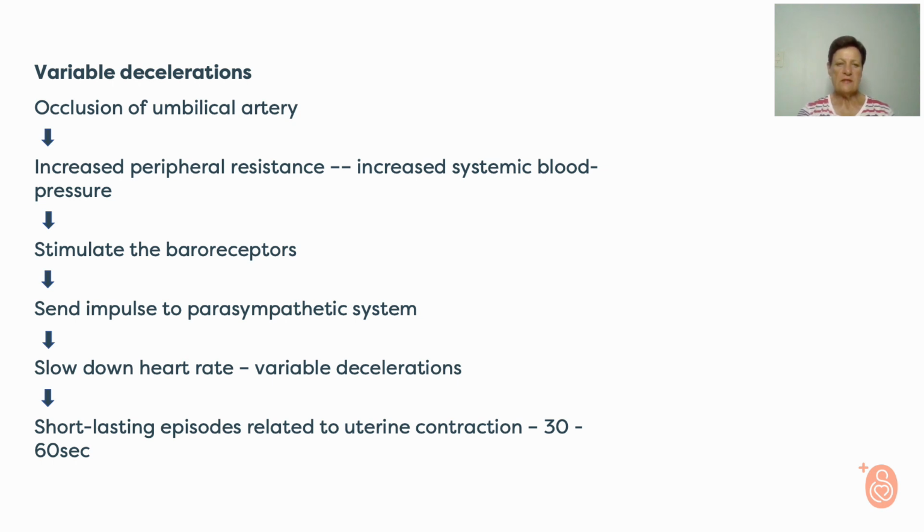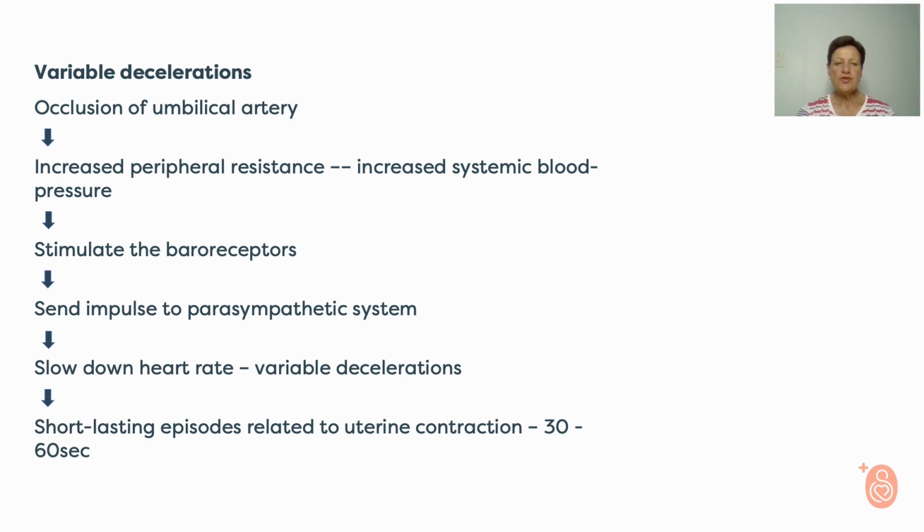Remember in lesson 4, where we discussed the baroreceptors and the chemoreceptors, I used the example of a hose pipe that we kink. Now, this is exactly the same. Variable decelerations are usually due to occlusion of the umbilical artery because the umbilical cord might be too tight around the fetal neck, or it's been kinked in some other way.